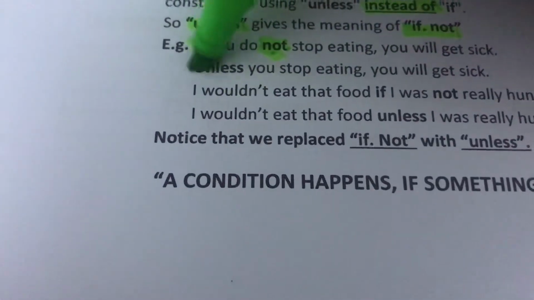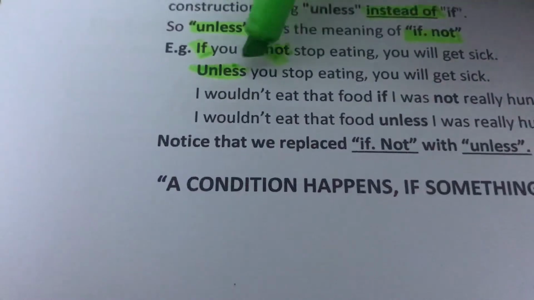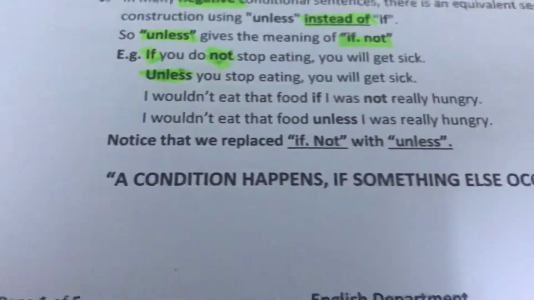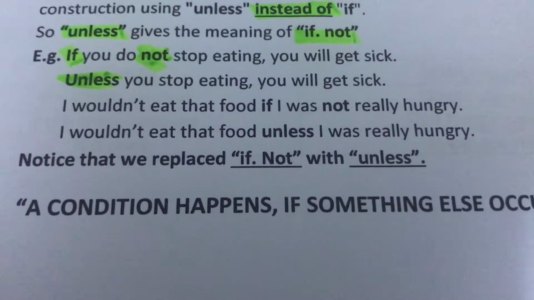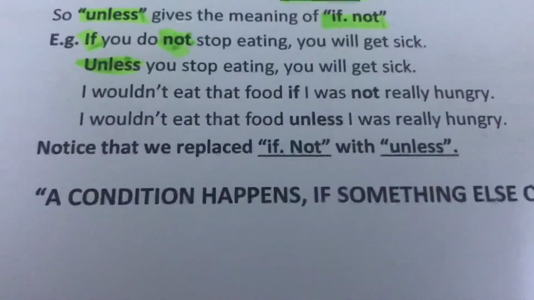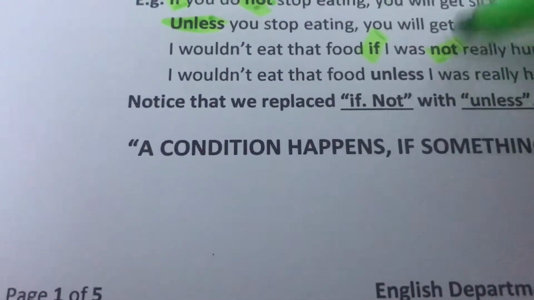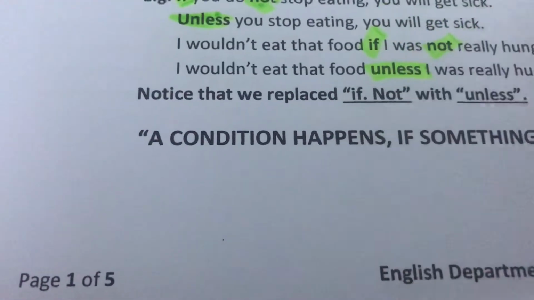So here we replaced if not with unless. Unless you stop eating, you will get sick. Another example regarding it: I wouldn't eat that food if I was not really hungry. If I was not, okay, we could replace it with unless in here.